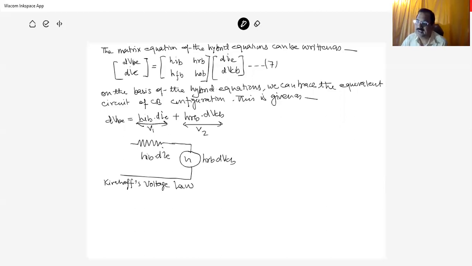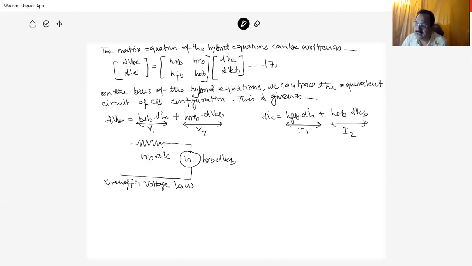The other part of the hybrid equation is dIC is equal to HFB into dIE plus HOB into dVCB. So this one is again the sum of two currents. This is current I1 and this is current I2.